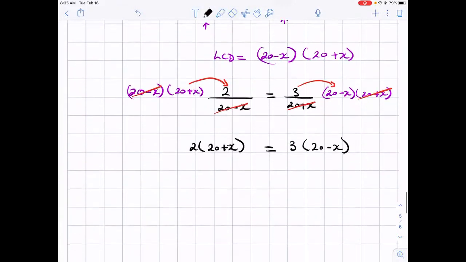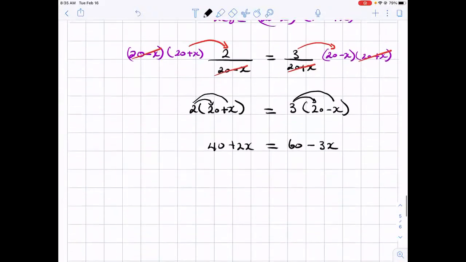Okay. If I now solve for x, 2 times 20 becomes 40. 2 times x becomes plus 2x. And that is equal to 3 times 20 is 60, and 3 times x becomes minus 3x.